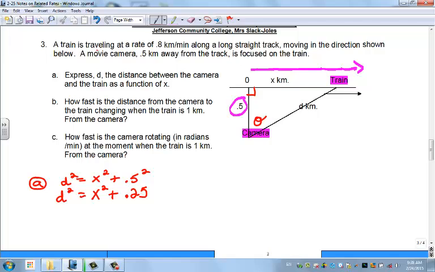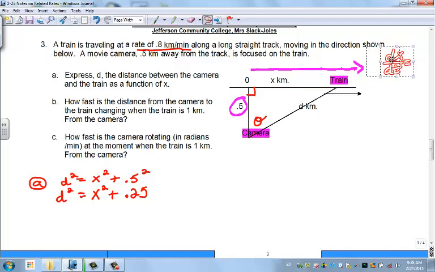The rate at which the train is traveling is 0.8 kilometers per minute. So what is that? Well, that gives me how fast the train is going. And the train, remember, is X, so it's dx/dt equals 0.8 kilometers per minute.